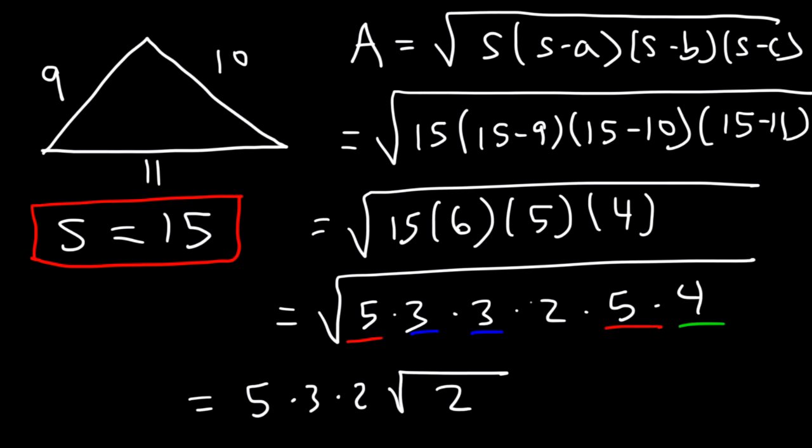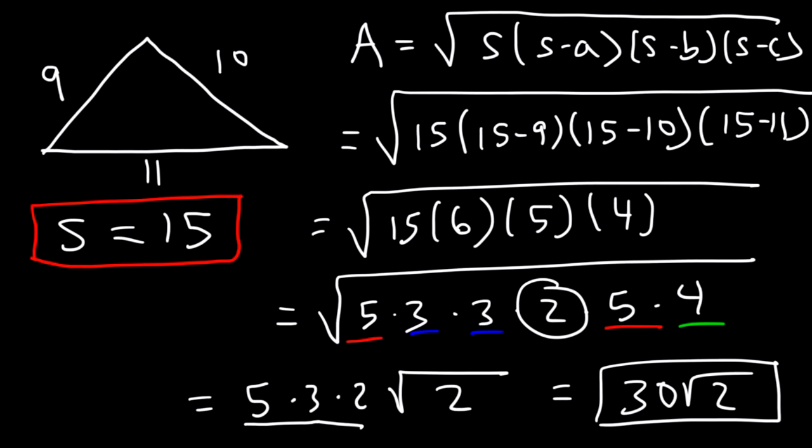So we're left with a 2 inside. 5 times 3 is, not 30, but 15, and 15 times 2 is 30. So the final answer is 30 square root 2. That's the area of the triangle using Heron's formula.